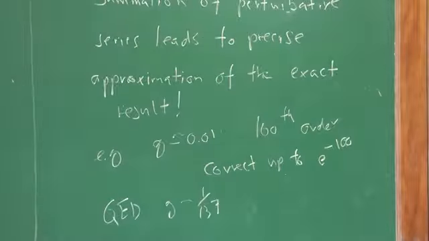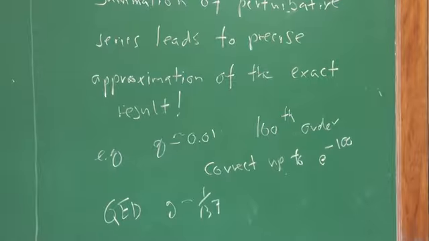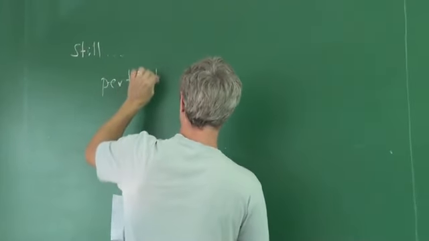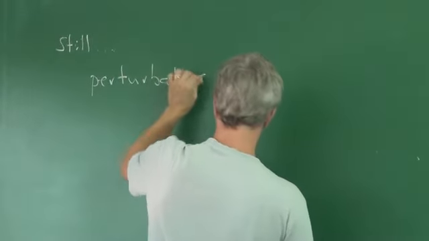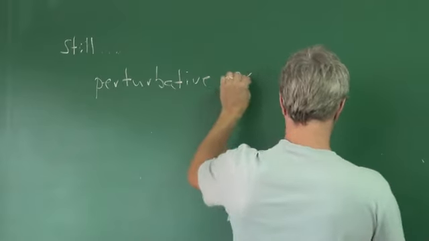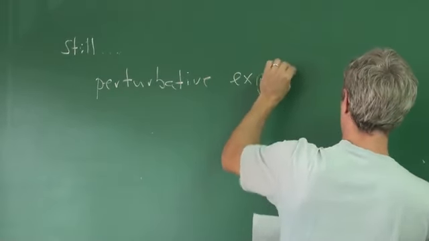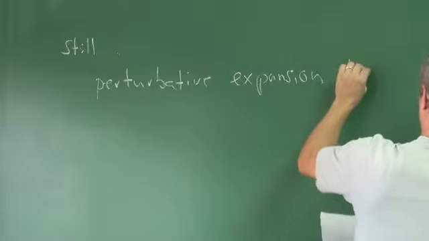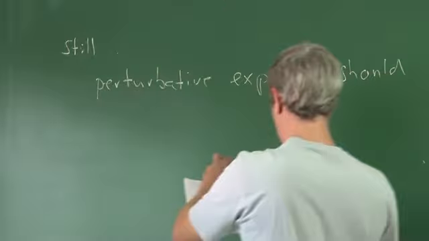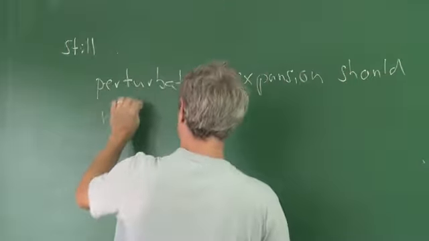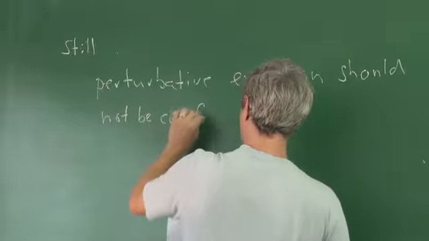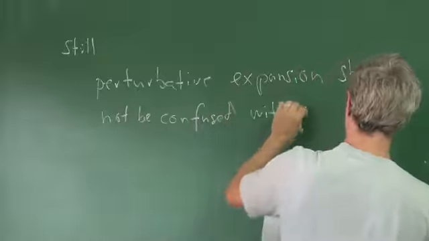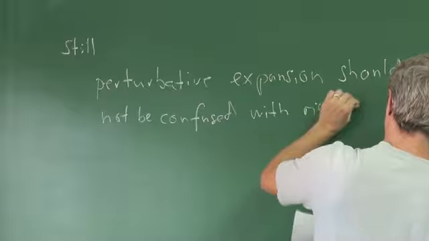But still, it's always good to keep in mind that if something weird is going on, a perturbative expansion is always an asymptotic expansion and should not be confused with something rigorous like a Taylor expansion.